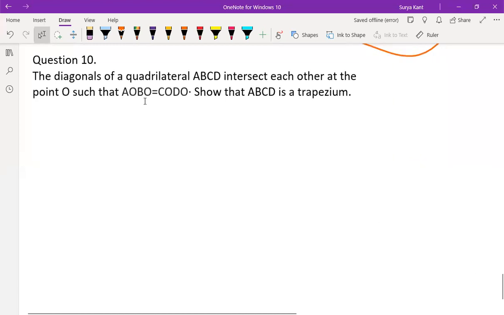Yes, the converse of the 9th question. So this is our homework. You can do it at home.